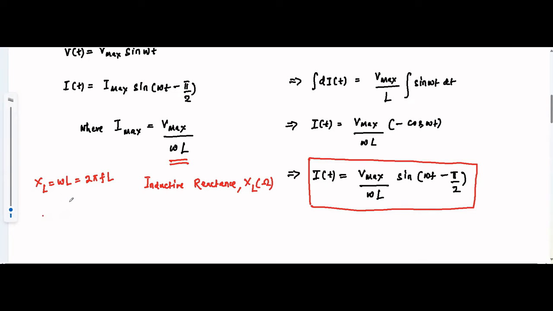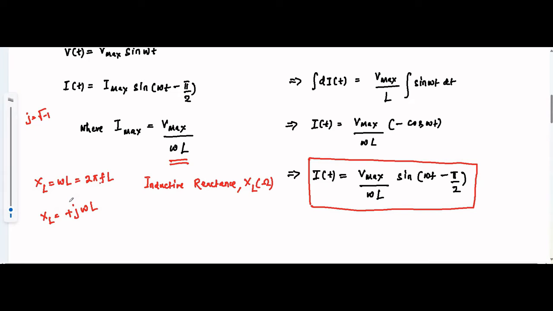So here actually this XL is plus j omega L, where j is the iota, root over of minus 1. We are going into the domain of complex numbers. So for inductance and capacitance, when I discuss capacitance, I will tell you the expression of capacitive reactance in terms of imaginary numbers.